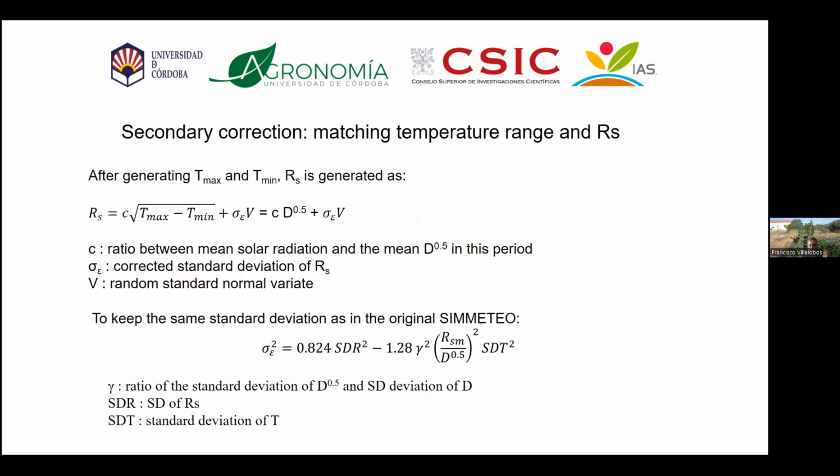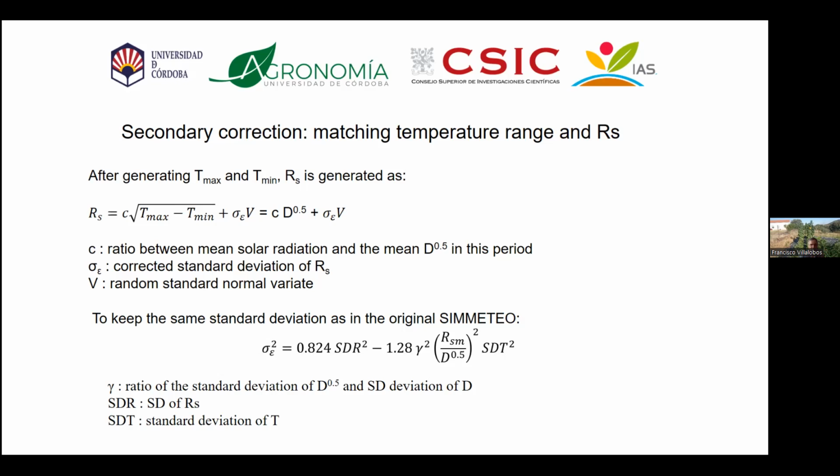As you probably know about the model of Hargreaves that relates solar radiation to the range in temperature, to the difference between maximum and minimum temperature, when we do generation of weather data, in this case with SIMMETEO, we have independent generation of the temperatures and solar radiation. And we try to associate the generation of the Tmax, Tmin, and solar radiation.